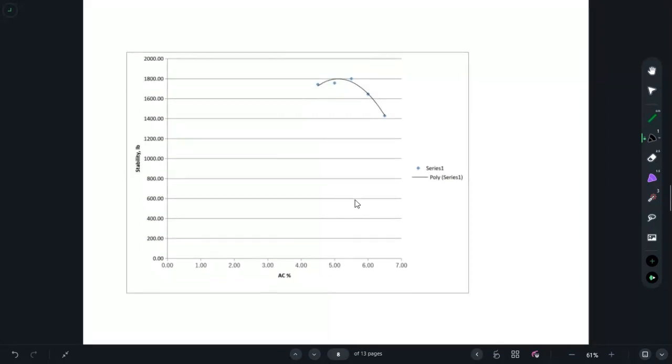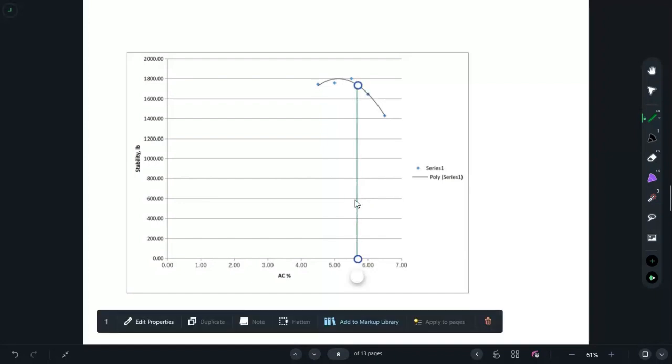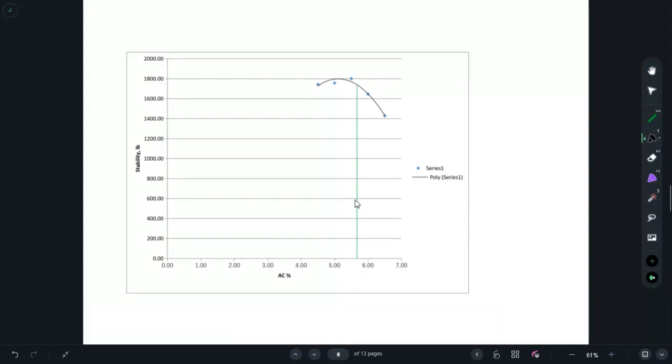The other criteria is stability. We'll find that for 4.65%. The value is above 1600 and less than 1800. Let's call that around 1700 pounds.